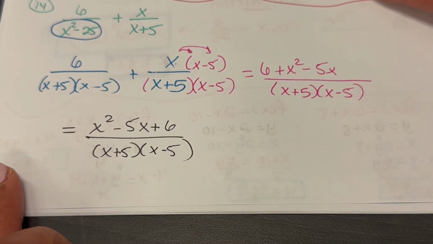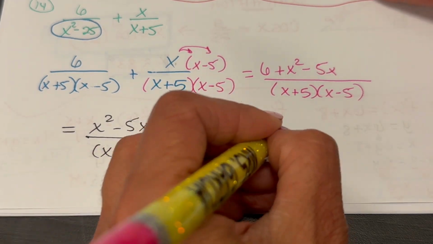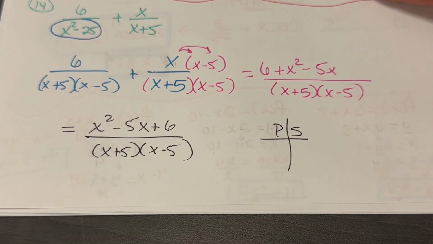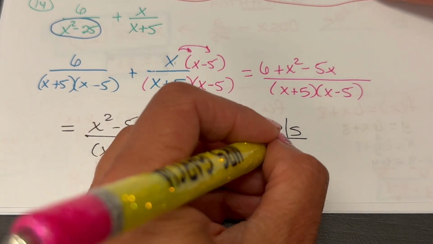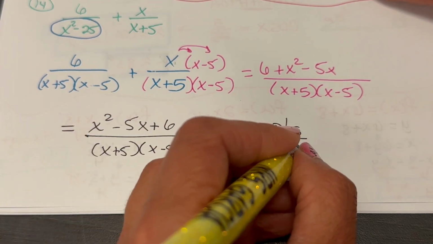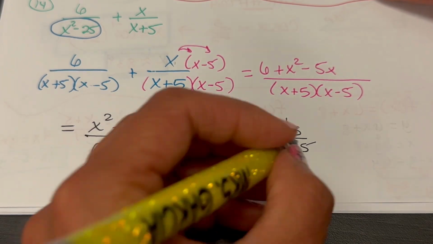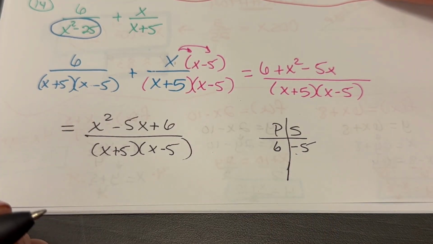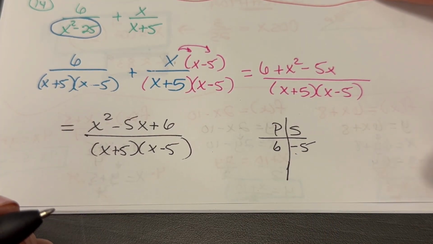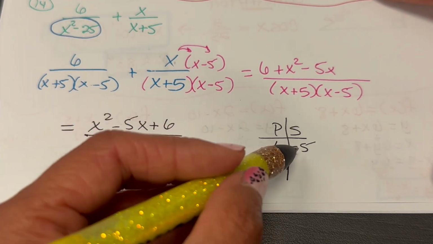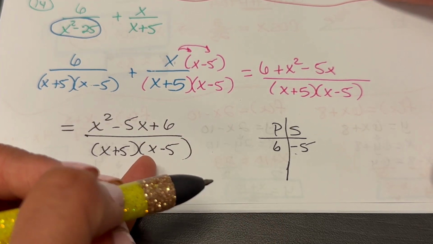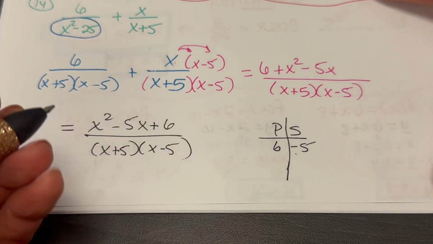And the only other thing you want to check is to see if anything else could possibly cancel. So let's factor the numerator and see. So product-sum, the a times c is 1 times 6 is 6. The sum is -5. And so I need two numbers that multiply to 6 and add up to -5. So let's see, it can't be 6 and 1 because I need to subtract to get that -5. And this is a +6.